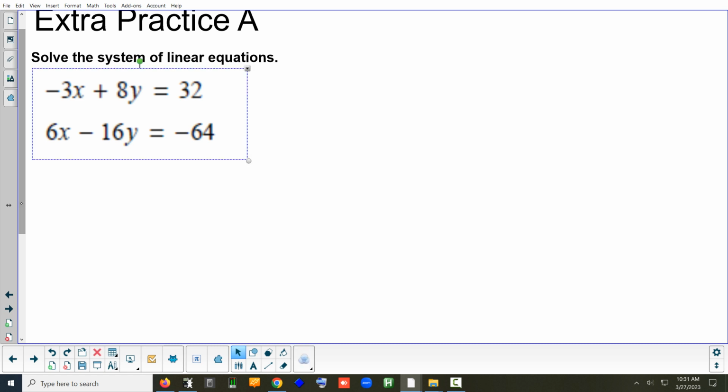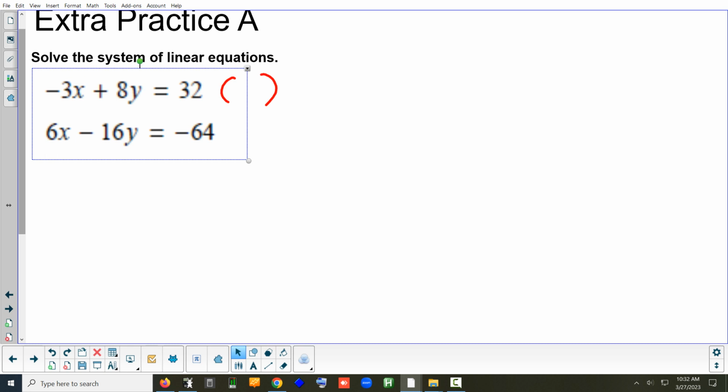Start with the first column. Can you multiply this top equation by something? Let's look at the x's. Forget about everything else. Can you multiply -3 by something to make it the opposite of 6? So the goal is, can we get a -6 right here to cancel this +6?